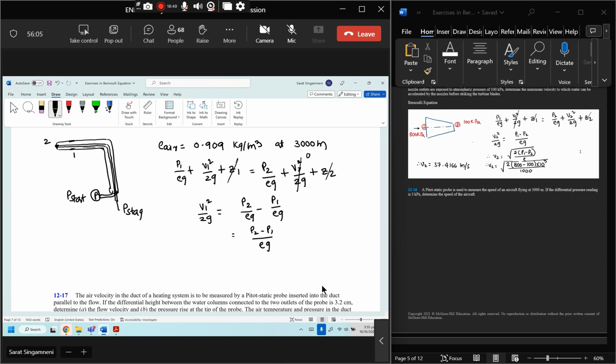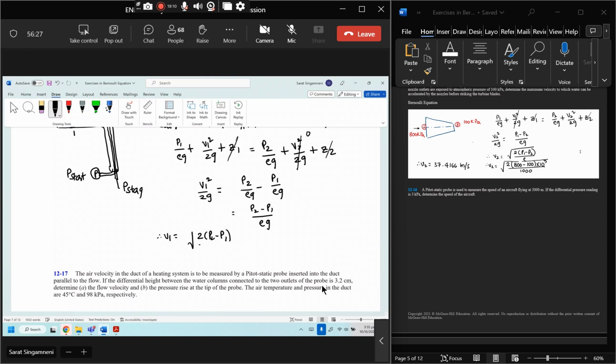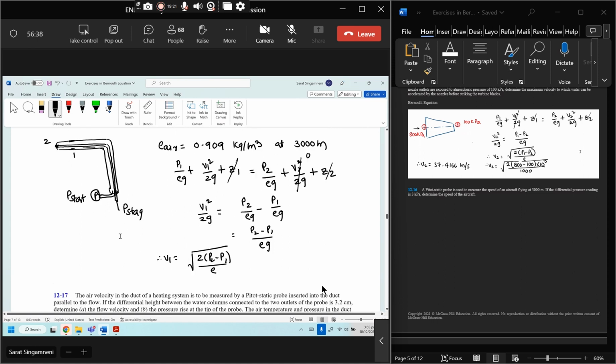So from this, V1 is equal to square root of 2 times P2 minus P1 over rho. And that P2 minus P1 is the difference in the stagnation and static pressures. That's the kinetic pressure or dynamic pressure.